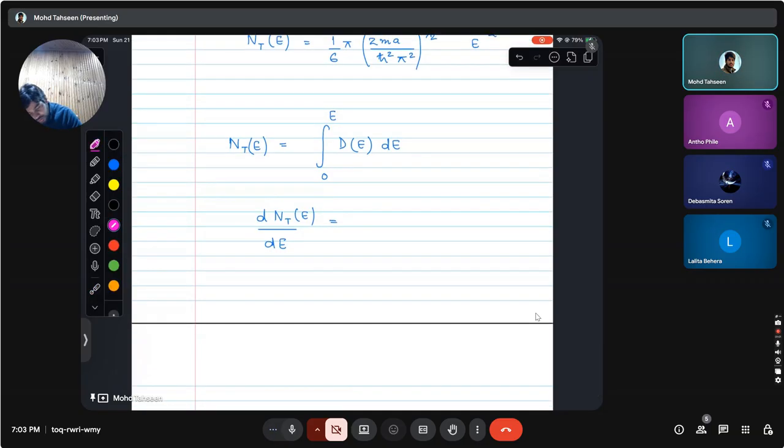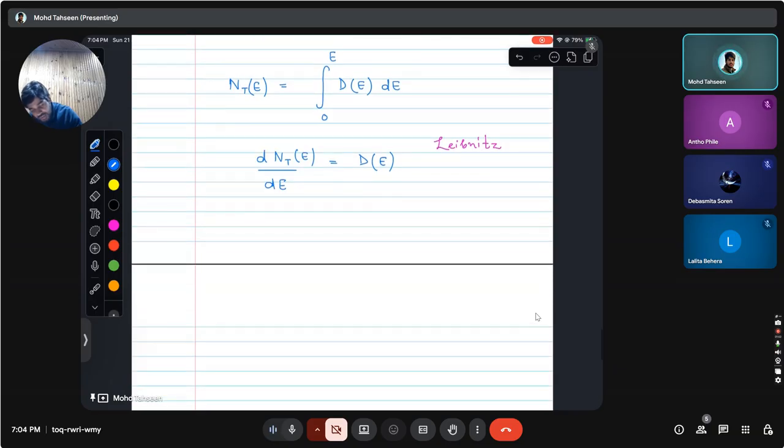Just look it up if you are not familiar with how to differentiate under an integral sign, and this will directly give you d of E. So basically what you do is take this function, put this value here, and differentiate this value with respect to E. Then you subtract the same thing with the lower limit. Okay, so something like this.